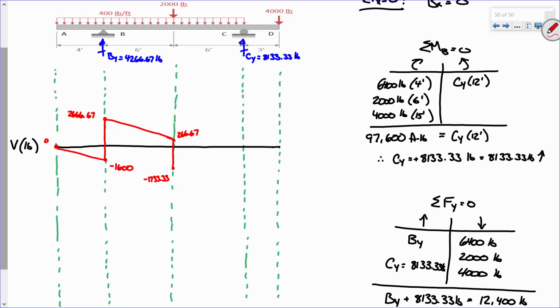All right, what do we do from here? From here to here, we got another drop, right? So if I'm at negative 1733, and I drop, how much am I dropping? 2,400, because it's 400 pounds per foot over a distance of 6 feet. So if I'm at negative 1733 and I drop 2,400, what's that put me at?